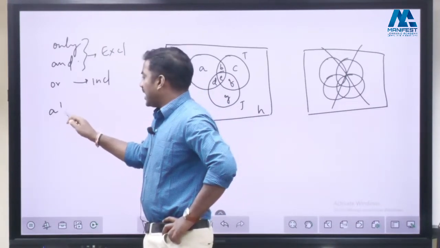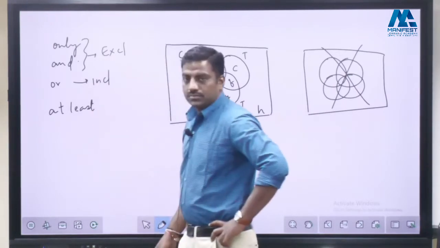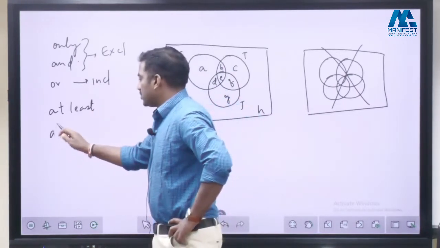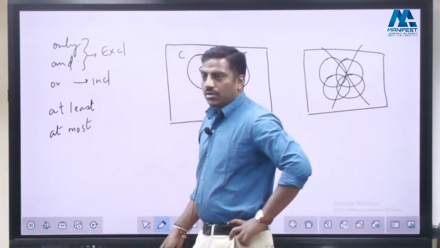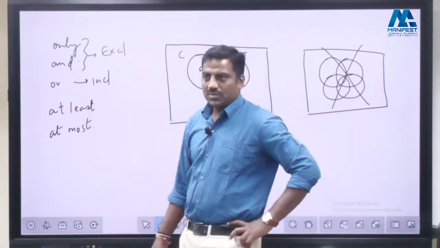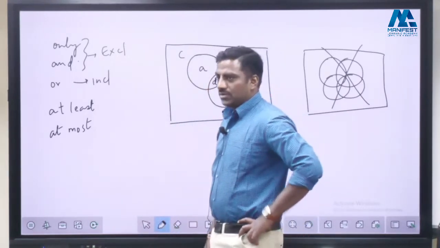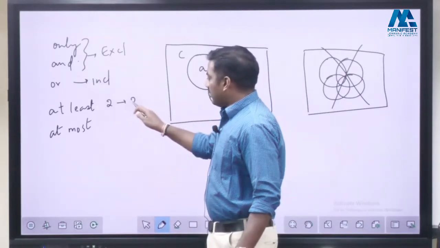And when we say at least, and when we say at most, be careful. When we say at most, we have to take the outsider also. At least, from there and above. For example, at least 2 means from that number and above.